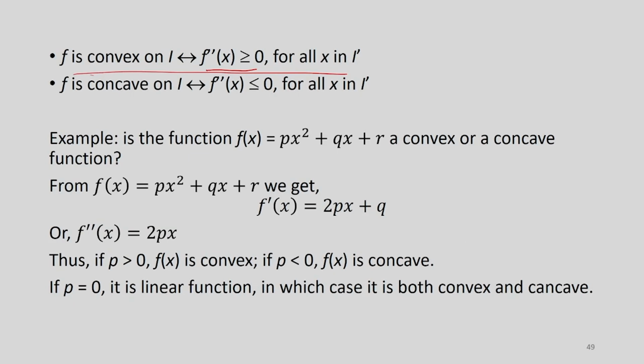So, f dash of x increasing therefore is equivalent to f is convex in I. Similarly, f dash of x decreasing is equivalent to f is concave on I. Okay, so these three things are basically closely related to each other. What is happening to f dash of x? Is it rising or declining? What is happening to the sign of f double dash of x, right? Is it positive, negative? And the convexity and concavity of the function.